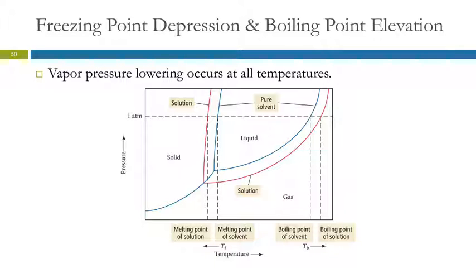So the vapor pressure lowering happens at all temperatures. We said that the boiling point of a liquid is the point at which its vapor pressure is equal to the atmospheric pressure. So here is where it boils. If the vapor pressure is lower, then in order for it to boil, since the atmospheric pressure is the same, it's going to have to get to a higher temperature.